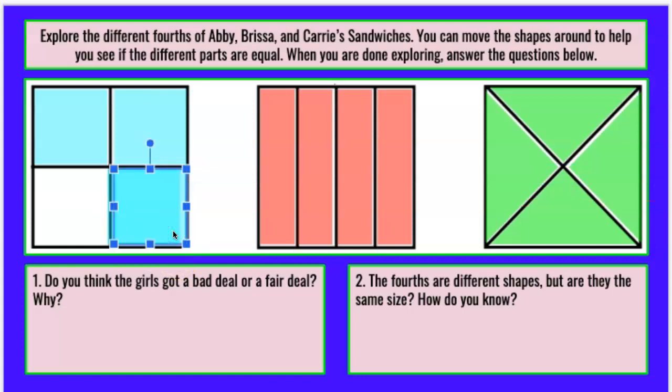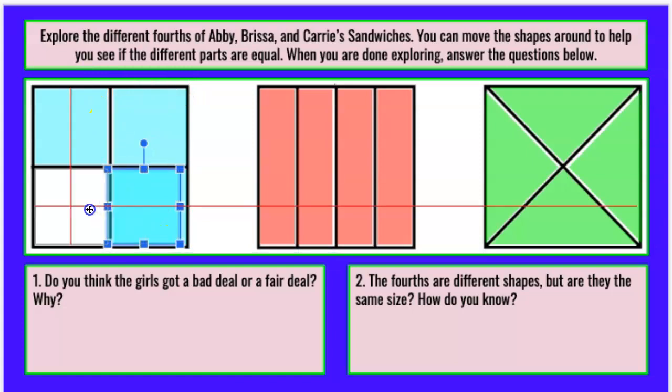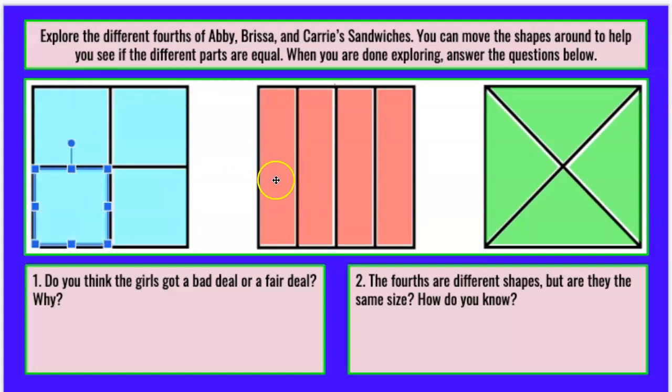So what you want to think about is, well, if our sandwiches are all the same size in the beginning, and I have 4 parts of each sandwich, are they all going to be the same size? Can I stack up these 4 parts and see that they're exactly the same size?